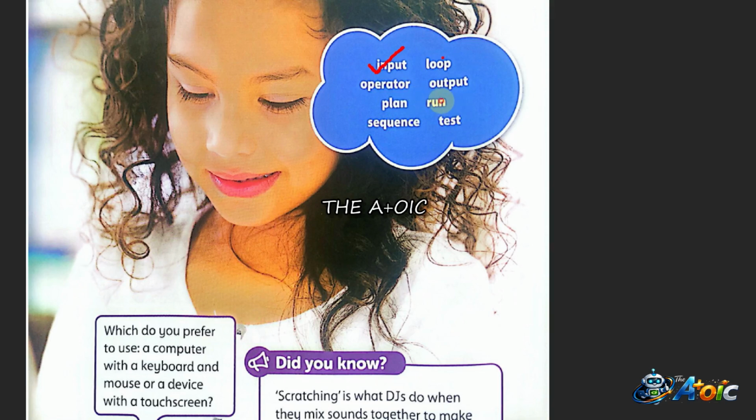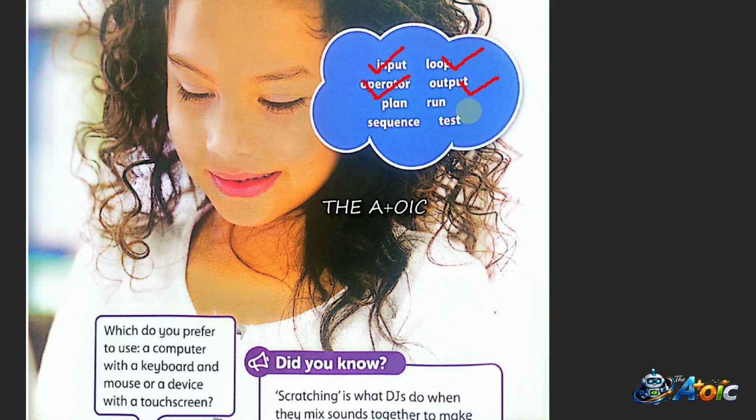A loop is doing the same thing over and over again. An operator is addition, subtraction, multiplication, division. Output is whatever data or information that we see as the result of our input.